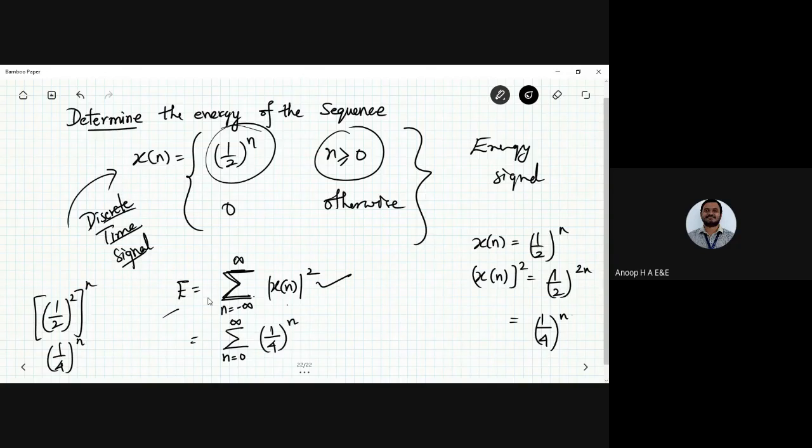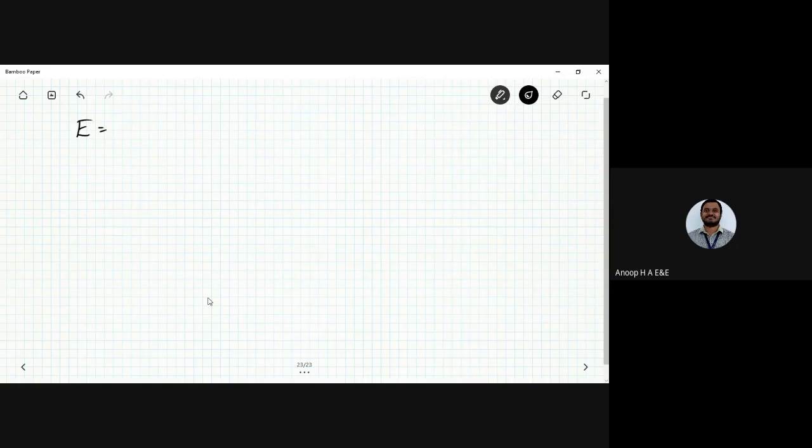Now recall your old formula for summation of sequences. It is a geometric progression that you need to keep in mind. So the energy would be sigma n equals 0 to infinity, 1 by 4 power n.